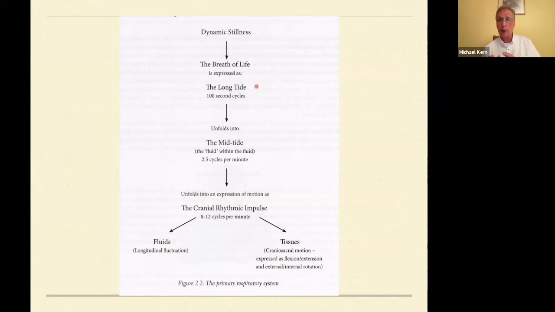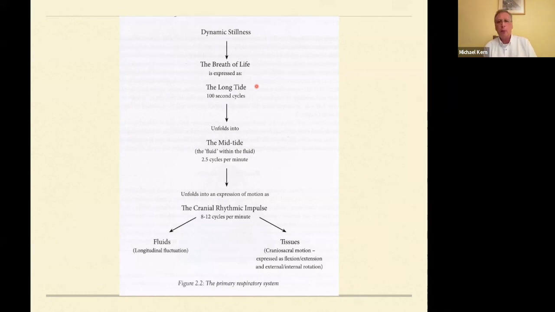They start to heal, they start to become restored. So the conclusion is that the long tide must carry some kind of basic organizing principle that in some way acts as a blueprint for our health. Okay.